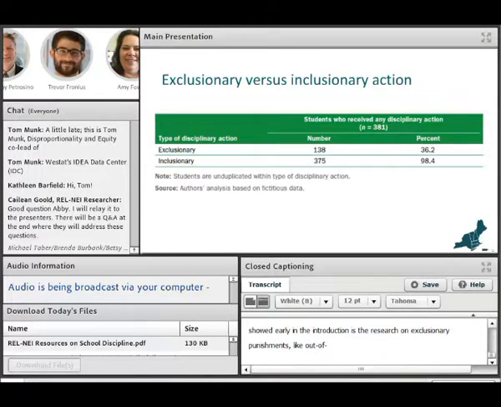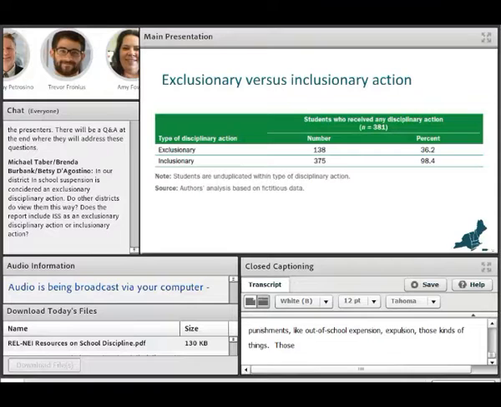And those are the types of punishments that the Department of Education and Department of Justice issued their guidance about. So they're asking districts to look at exclusionary punishment. This analysis looks at all students who were disciplined. How many of all the students who were disciplined received an exclusionary disciplinary action? And again, we need to define what we mean by that and stick to that definition.